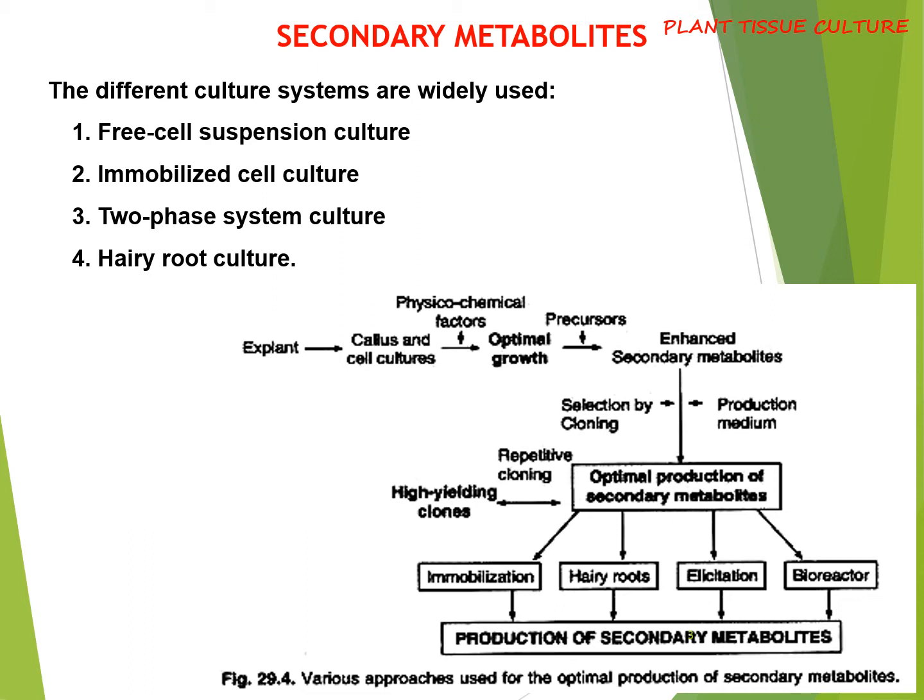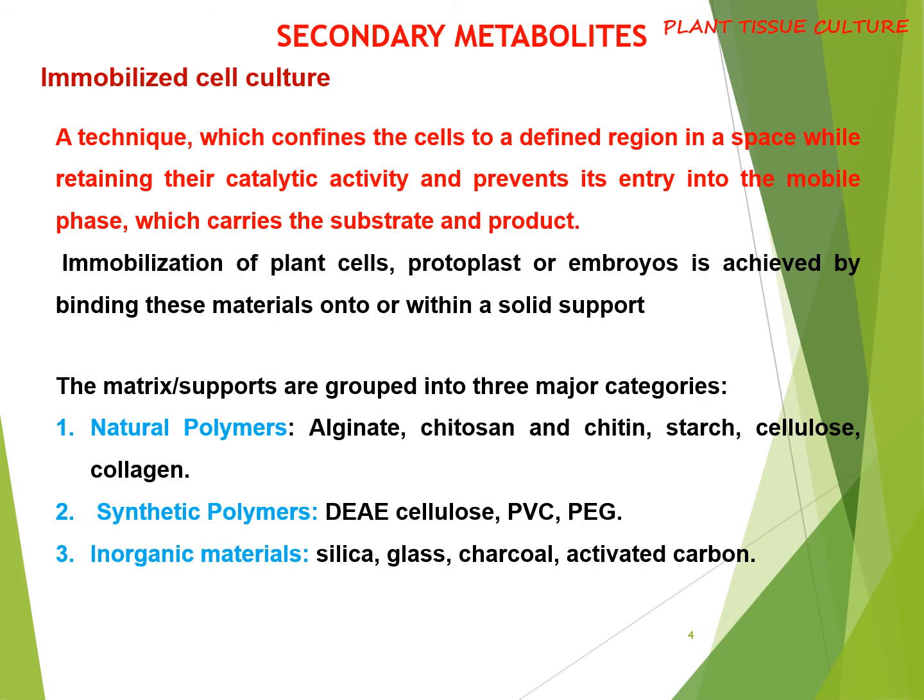The commonly used culture systems are free suspension cultures, immobilized cell cultures, two-phase system cultures, and hairy root cultures. Free suspension culture techniques I have discussed in my earlier sessions.